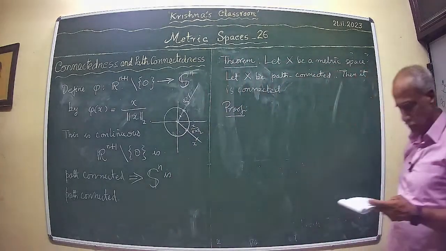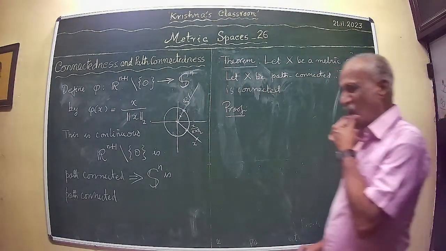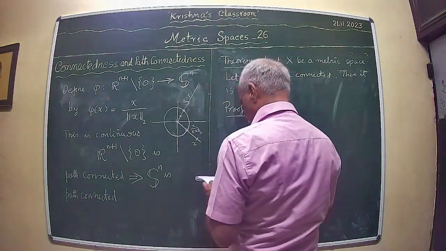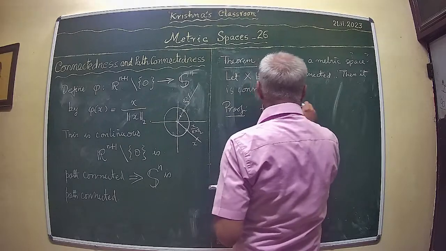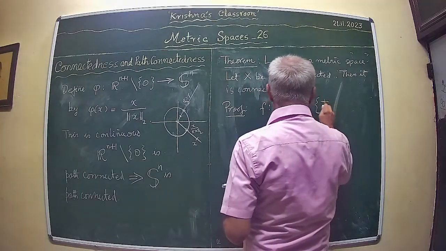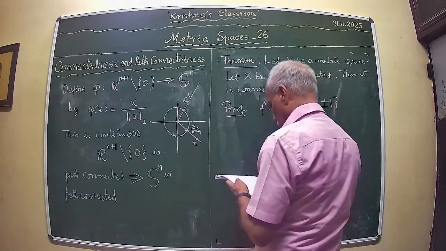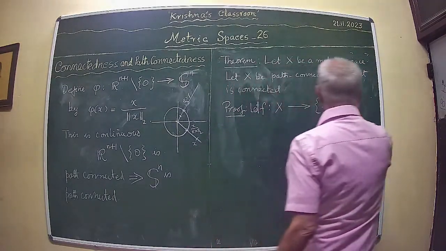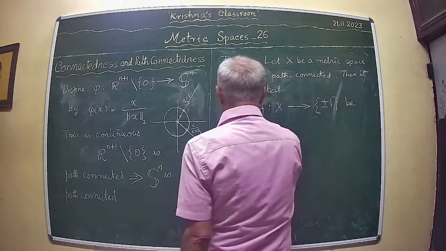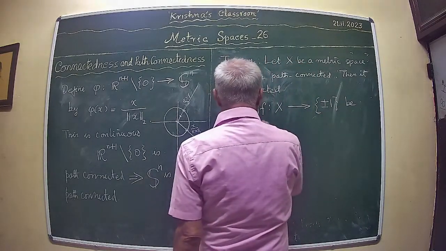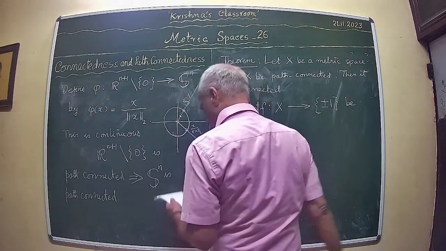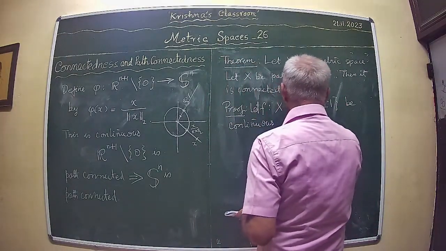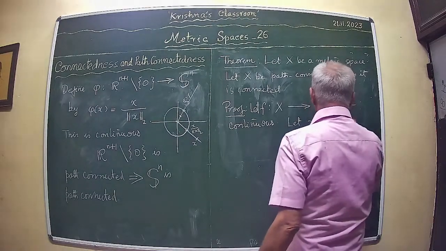Go back to the definition of the connectedness. So we start with a function f from X to {0, 1} to be continuous, arbitrary.